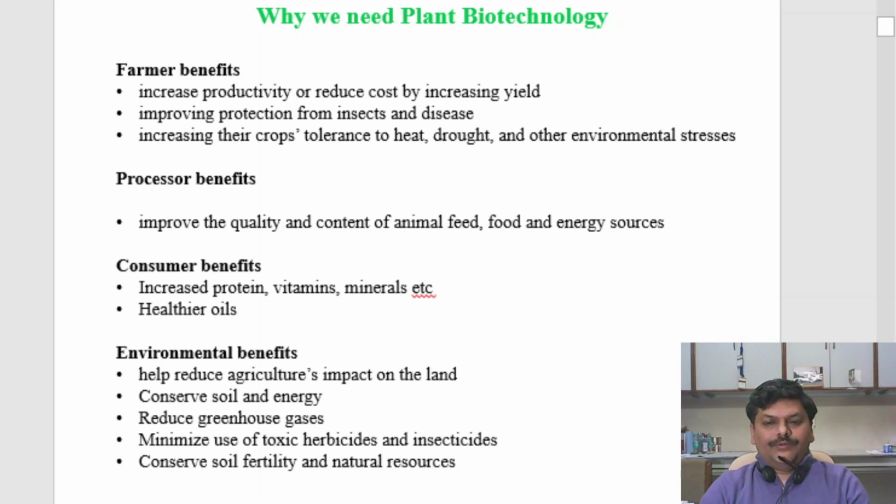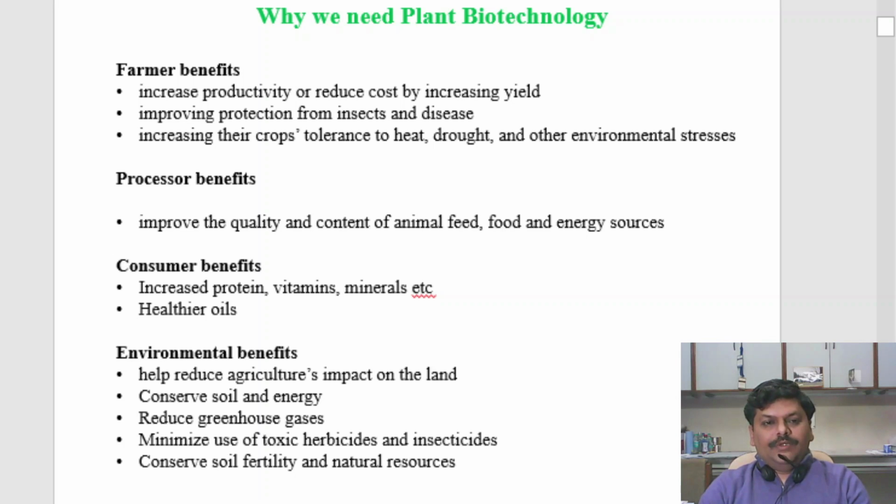If costs are reduced by minimizing the inputs, for example in the form of fertilizers or tillage practices, and if we are able to make crop plants which can better utilize the applied fertilizers, then we can indirectly reduce the cost, which would result in an increase of farmers' income.